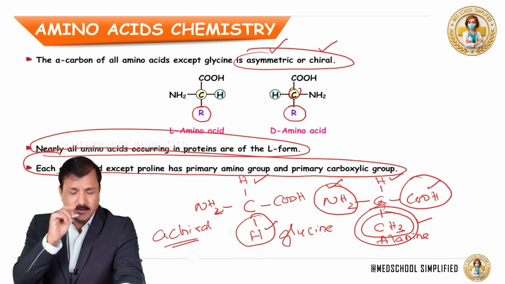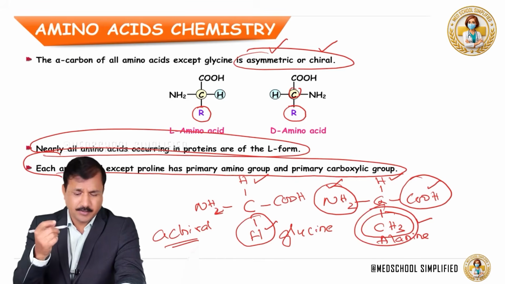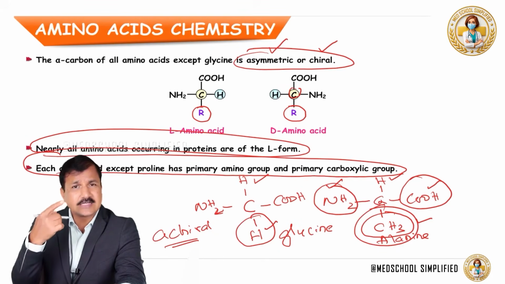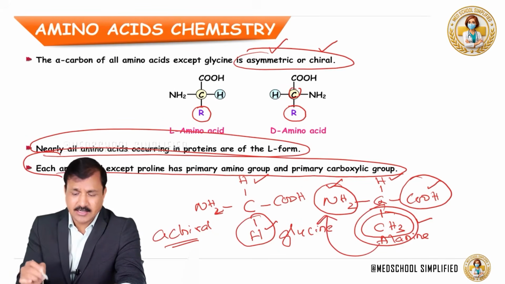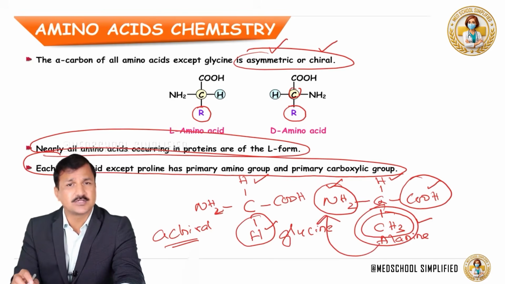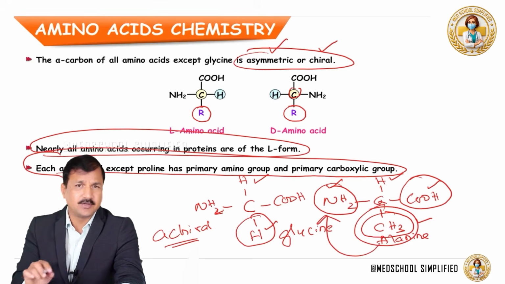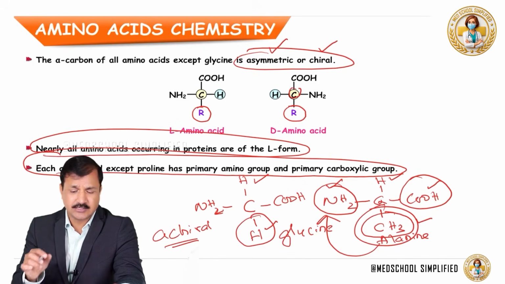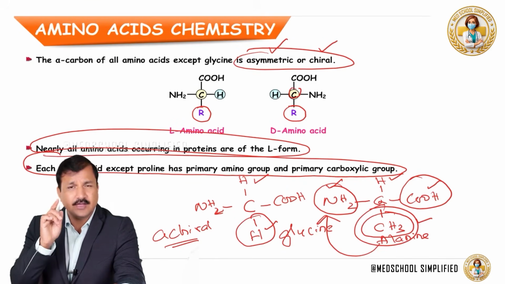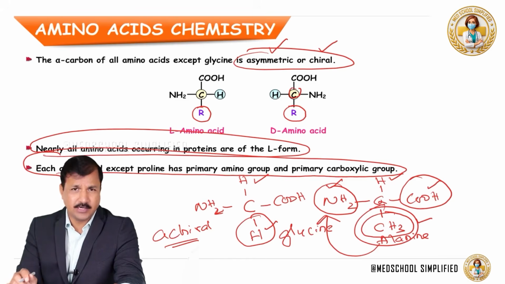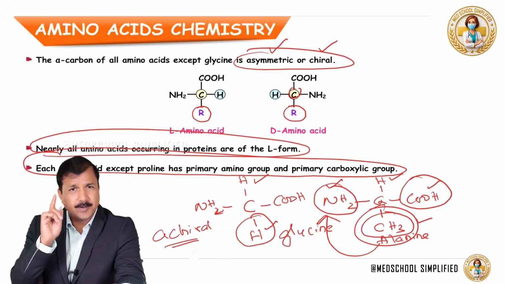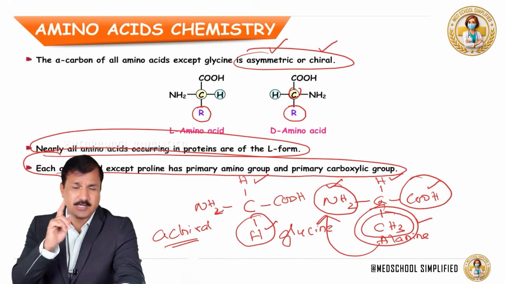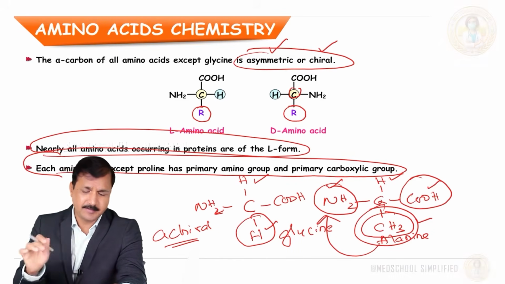Okay, only one amino acid in our body, in a protein, whenever it is in free form, has its side chain making an interaction with the amino group attached to the alpha carbon, and such an amino group is called a secondary amino group. So that's the difference here. So every amino acid in our body except proline has a primary amino group, whereas proline has a secondary amino group. That's an important point that you should remember.